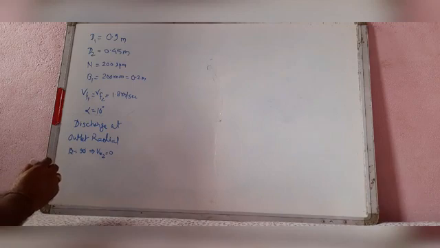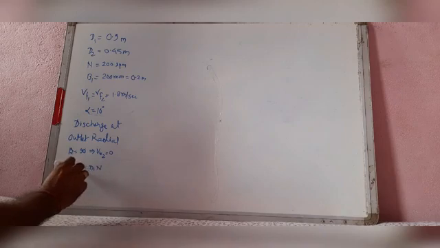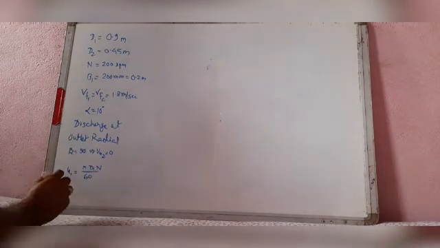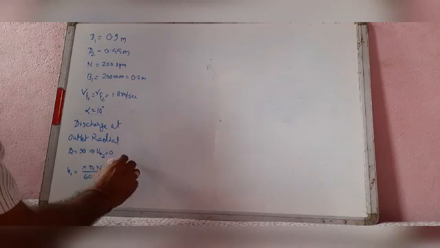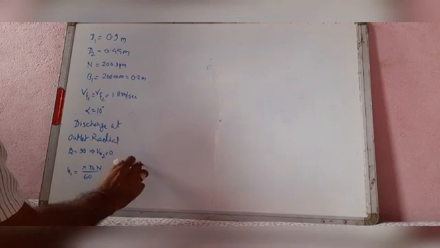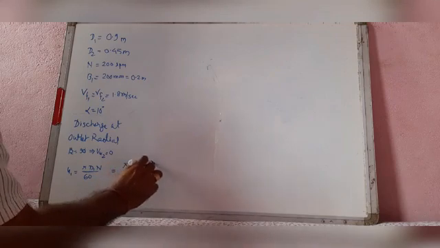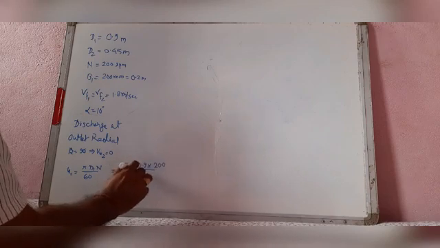Tangential velocity at inlet and outlet: U1 equal to pi D1 N by 60, and putting the values here, pi into 0.9 into 200 by 60.